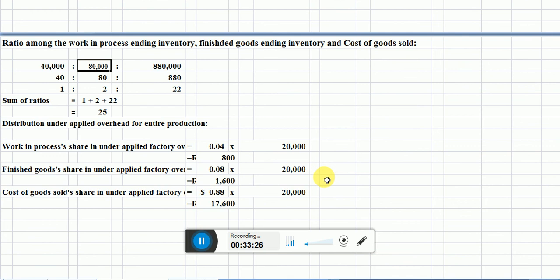Now students, we have to move to the main slide to charge these costs against the work in process inventory, finished goods inventory, and cost of goods sold here.